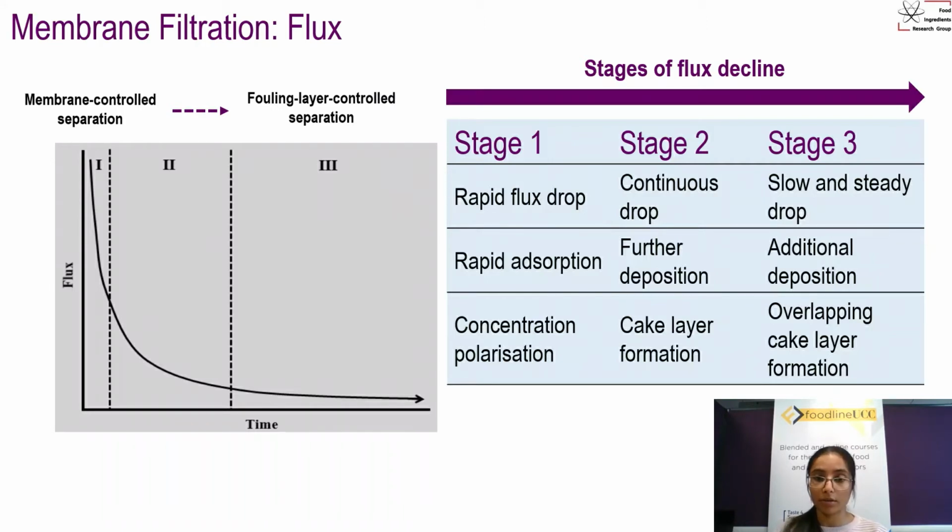In the second stage, the flux drops continuously and further deposition of protein takes place. In the third stage, the flux drop becomes slow and steady, additional protein deposition on the surface takes place, and the cake layer that is formed becomes overlapped.